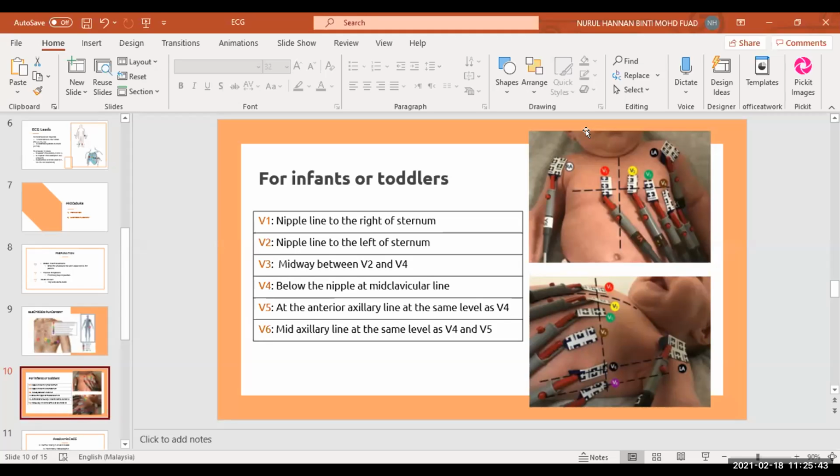For V4, we put it below the nipple at the mid-clavicular line. Between V2 and V4, we put the V3. We put V5 at the anterior axillary line at the same level as V4, and then V6 at the mid-axillary line at the same level as V4 and V5. So you can see here the placement on the infant and on the baby.